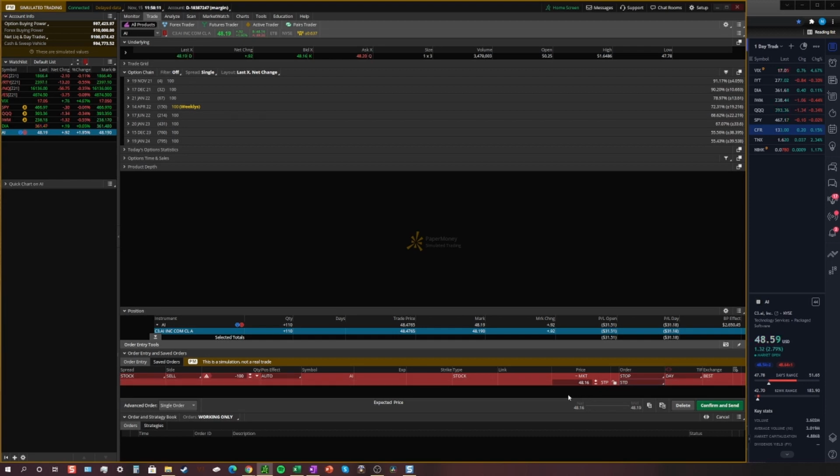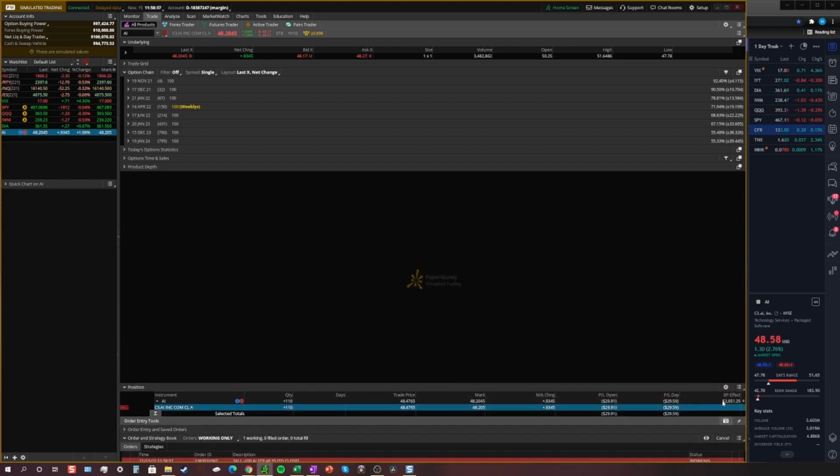A very common application for this in real trading is a stop loss. As AI is moving up, let's say we had a stop loss at 48.55, like 5 cents under here, and let's go ahead and submit that.